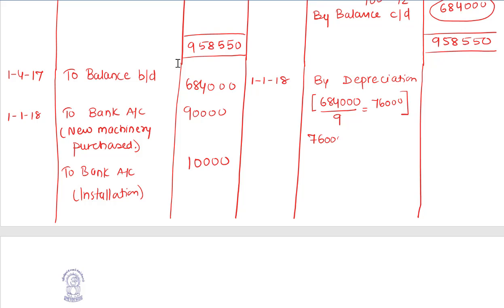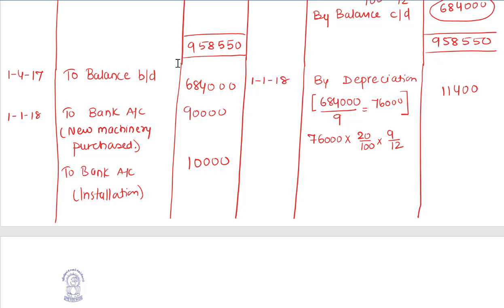So 76,000 multiplied by 20%, that is 20 by 100, multiplied by 9 by 12, for 9 months, that is 1st of April 2017 to 1st of January 2018. So this figure is 11,400.